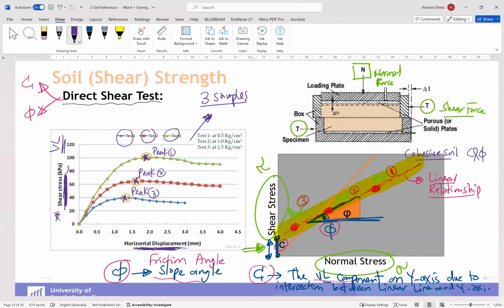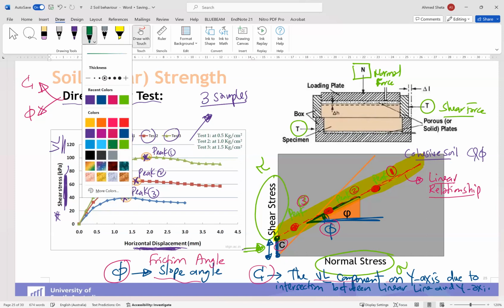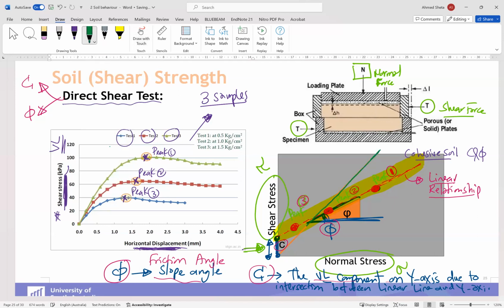But for cohesionless soil, like sand, what will be the case? The case will be different, and we will have another case. For example, we have connected our 3 points. Let's say we have point 1, 2, and 3.